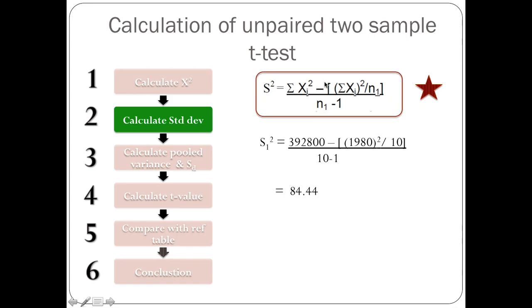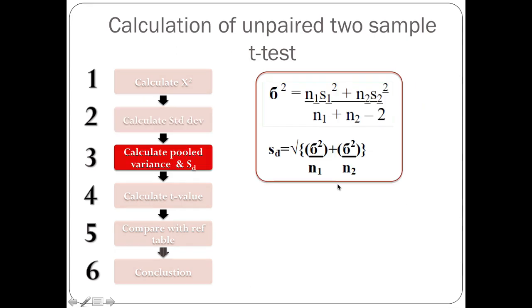That is the variance that you have calculated, which is over here, 84.44. So 84.44 plus your N2, which is 8, times 85.71, that's your variance for group 2, divided by N1 plus N2 minus 2.